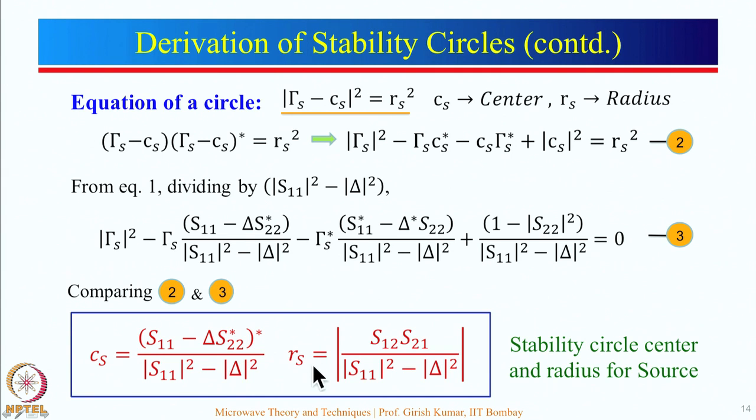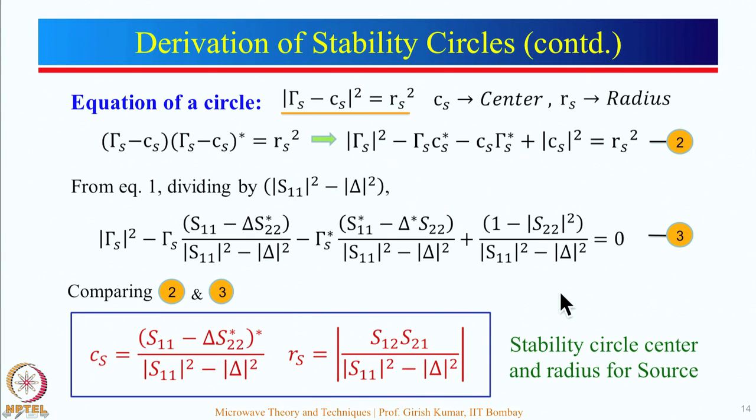Now, how to find the value of Rs? So, this is the one term which does not contain gamma S. So, corresponding to this here, you can see that this will be now Cs square minus Rs square. So, now we already know the expression for Cs. So, substituting the value of Cs over here and simplifying for Rs, we can get the expression for the radius of the stability circle.